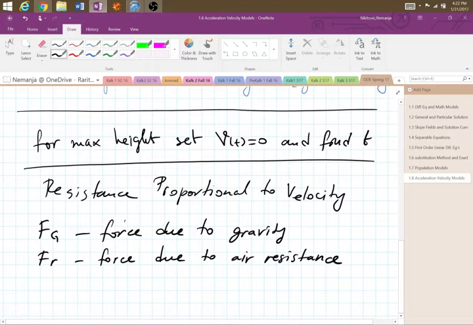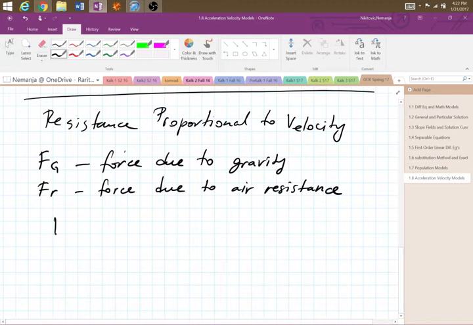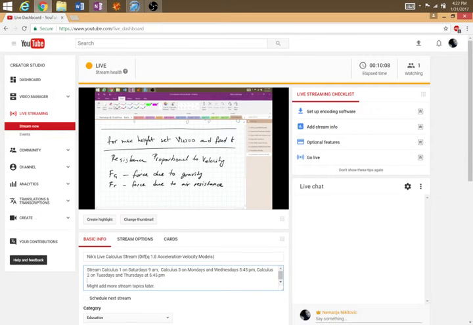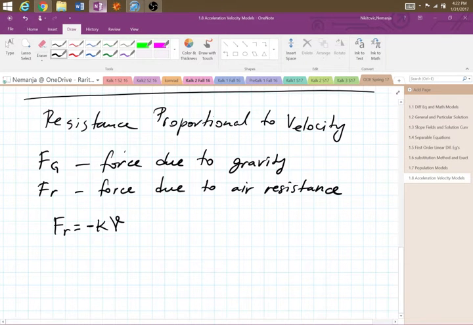So the force is going to be proportional to the velocity, and we'll put a negative sign there. So the resistance force is a constant times the velocity.